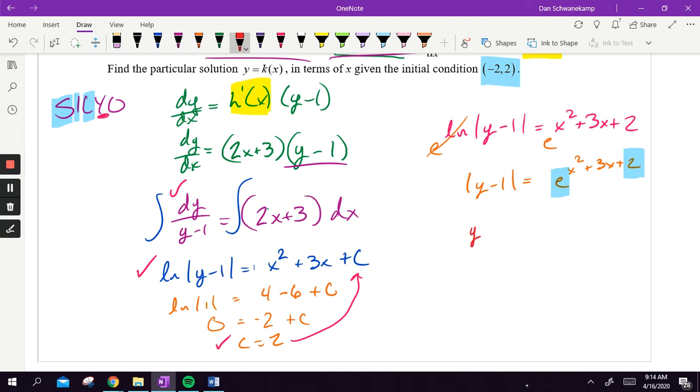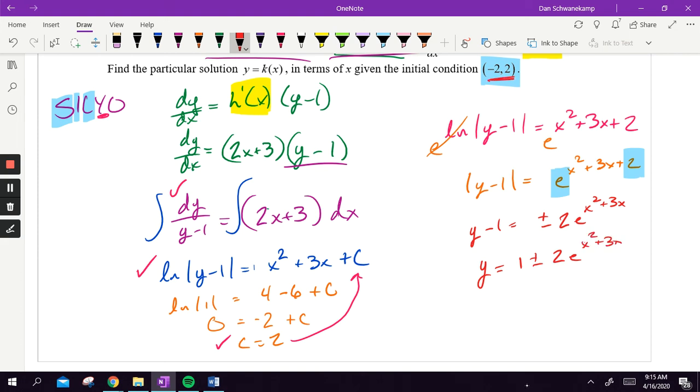You don't have to. But now I'm going to rewrite this as y minus 1. I'm going to pull that 2 out in front. Don't have to do that. I just like doing it because it's less stuff up in the numerator. This is absolute value. So to get rid of the absolute value, I'm going plus or minus. And then to get rid of the 1, I'm going to add that over as well. So 1 plus or minus 2e to the x squared plus 3x.